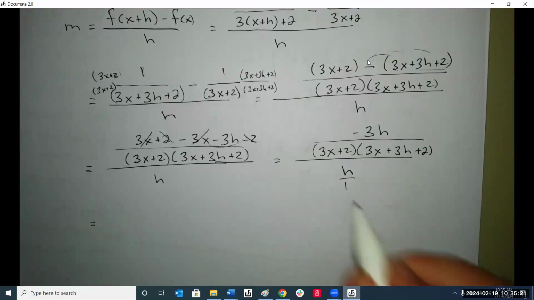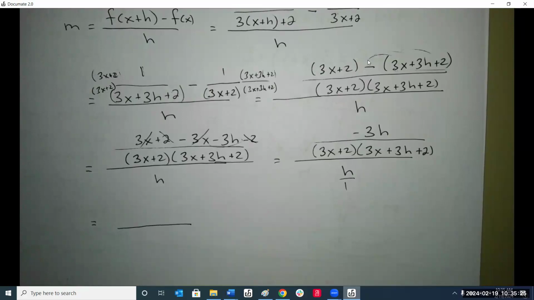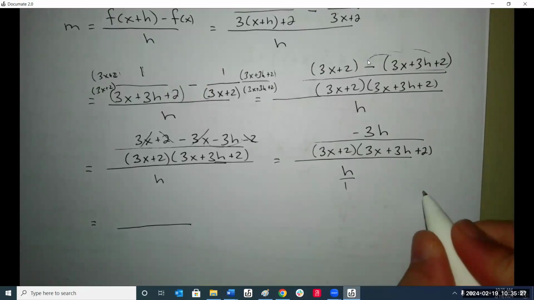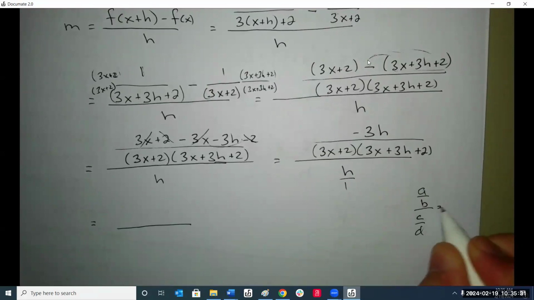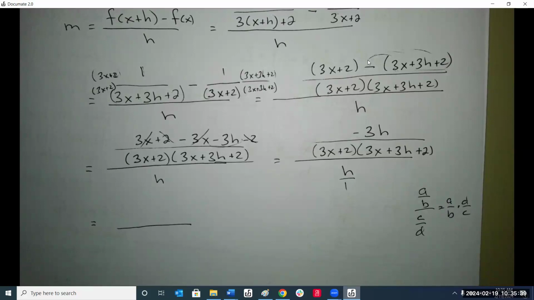So now we have a fraction over a fraction. The rule for that is if you have a over b over c over d, leave the top fraction alone and flip the bottom. So that's the rule there.